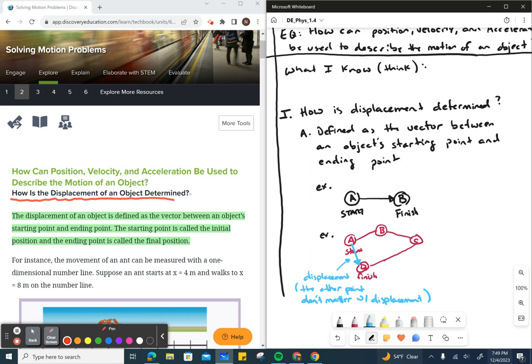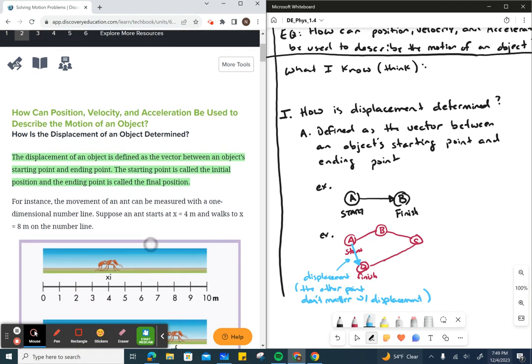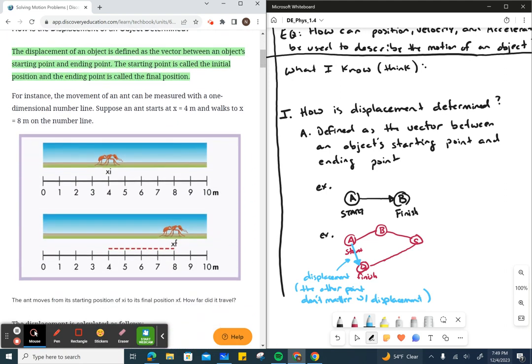Now, if we're talking distance, then all those points do matter, right? We would want to know the distance between A and B, and B and C, and C and D. But that's displacement. And if we take a look over here on the left hand side, they use a number line.